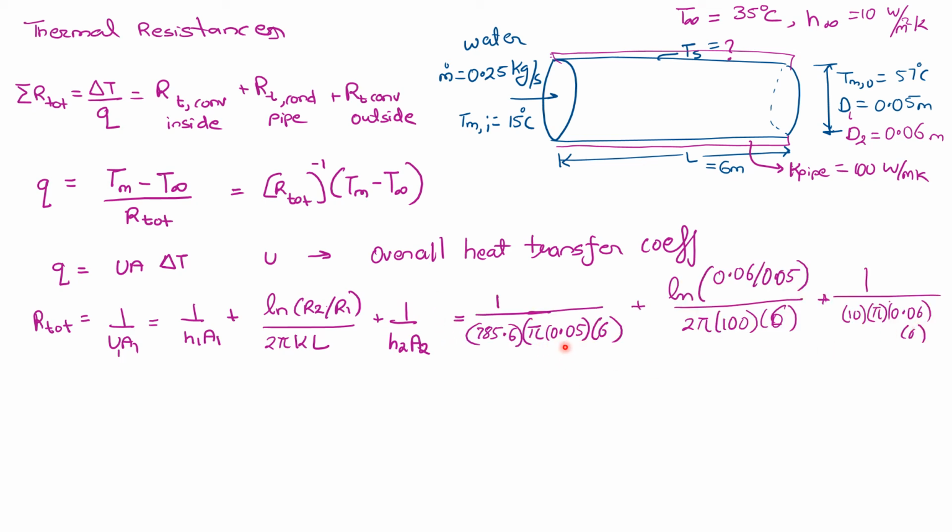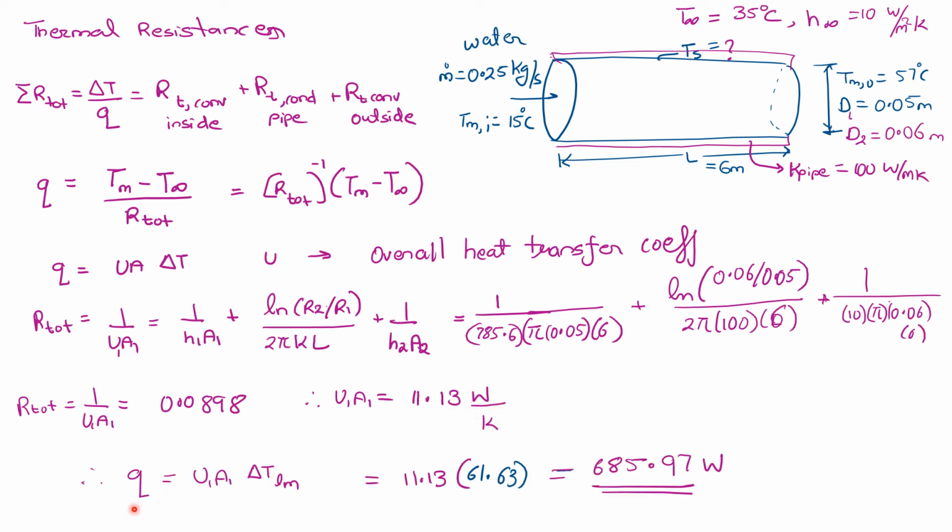On substituting the values of h and the dimensions of the pipe, your area will be the surface area, which is pi d L, plus the resistance due to conduction, plus the convection of air, which is 10 times pi times diameter 0.06 times the same length of 6. This gives us a total resistance of 0.0898, and if you take the inverse of that, you'll get U1 A1, which is equal to 11.13 watt per Kelvin.